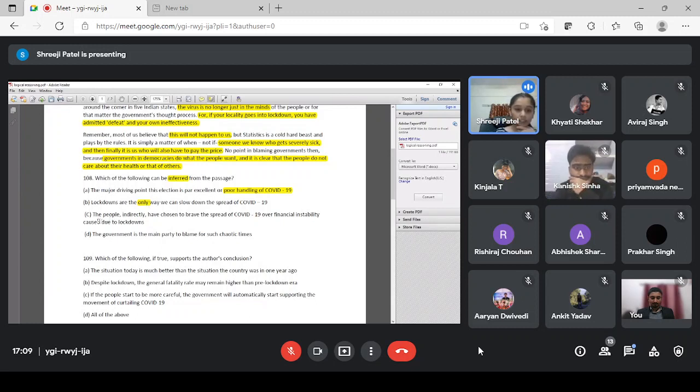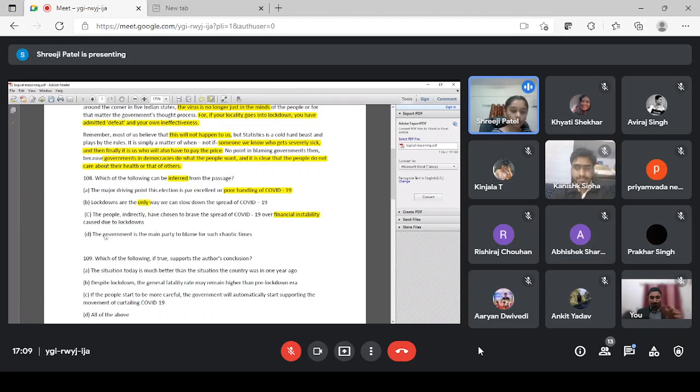If we go with the third option, the people indirectly have chosen to brave the spread of COVID-19 over financial instability caused due to lockdowns. So, financial instability was also not talked about in the whole passage. Therefore, this also cannot be our right answer.